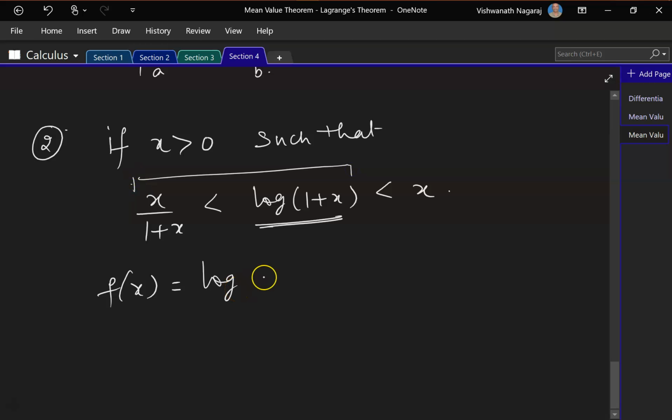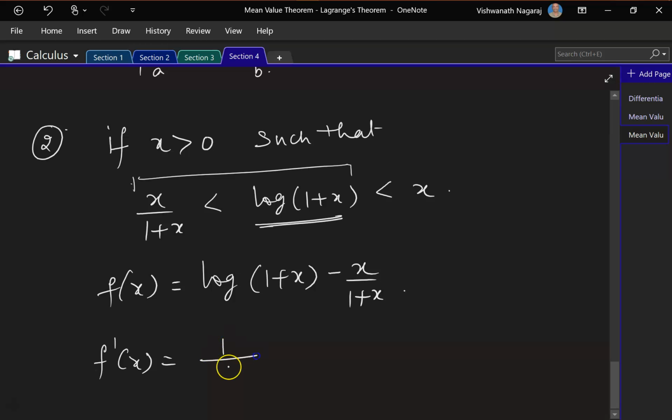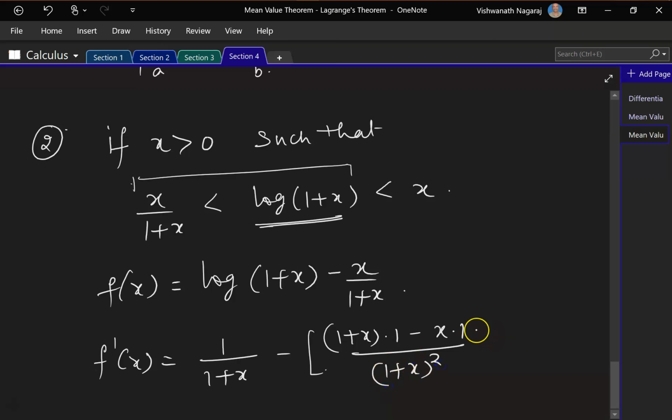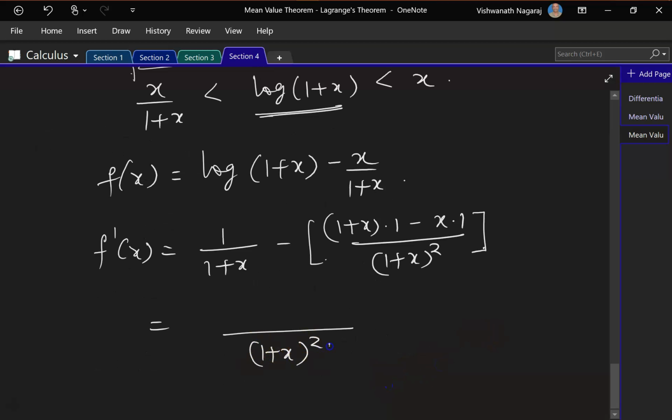So let's say f of x is log of 1 plus x. We take this to the other side, so which means minus x by 1 plus x. Let's differentiate this. This becomes 1 by 1 plus x minus quotient rule, 1 plus x as it is times 1 minus differentiate 1 plus x, so x as it is, and 1 plus x square. 1 plus x square, 1 plus x minus 1 plus x minus x.